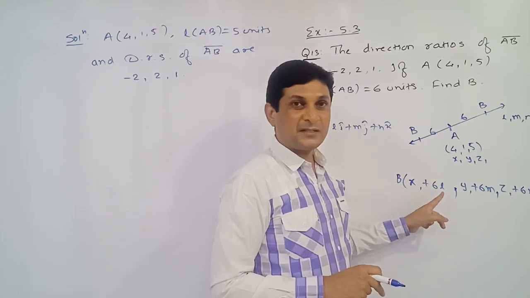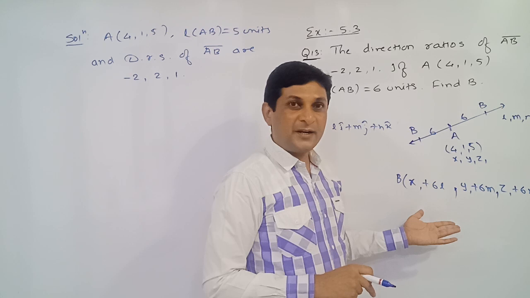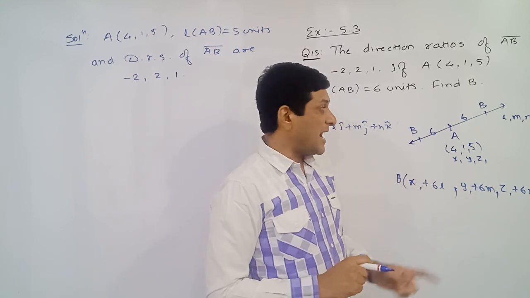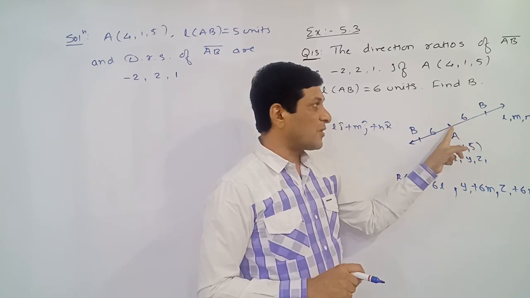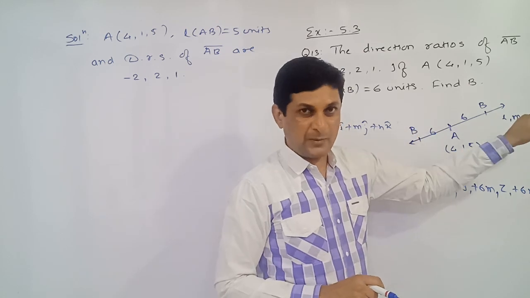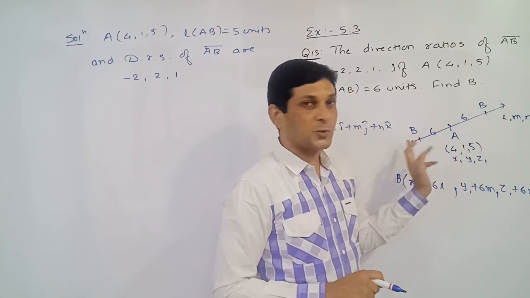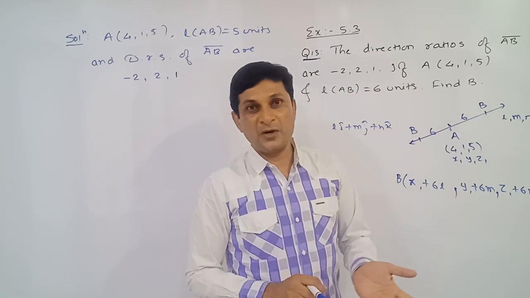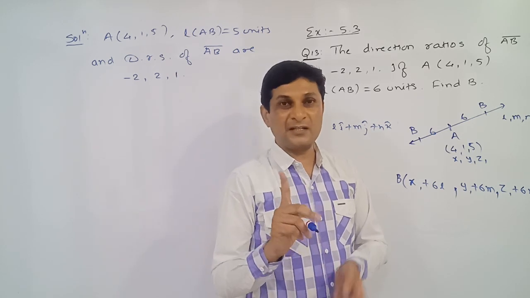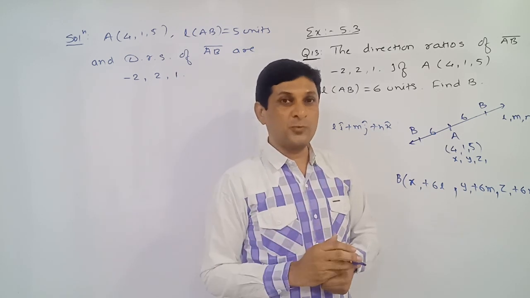So we will get the coordinates of such a point which is at a distance of 6 units from point A, and along the same line, because we have considered the direction cosines of this line. But already we have discussed how many possibilities there are. It may be possible that 2 points are there.